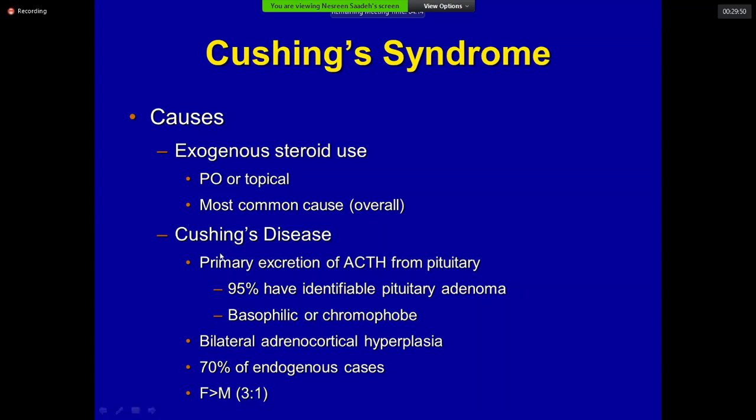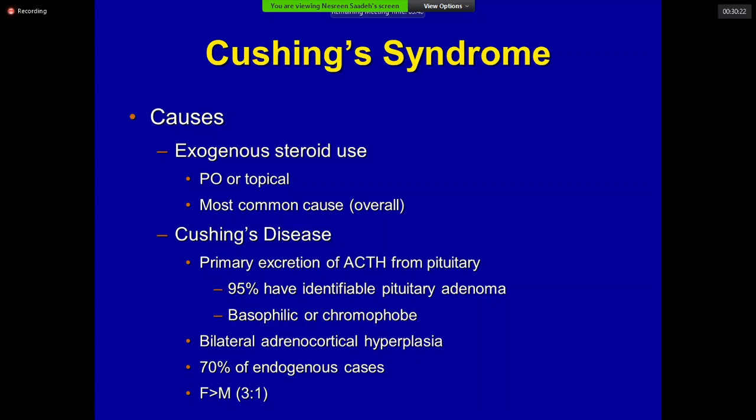Or it could be because of Cushing disease, which is the primary excretion of ACTH from the pituitary. And in most of the cases, we can see an identifiable pituitary adenoma by imaging. Less likely it is because of bilateral adrenocortical hyperplasia, so that's why we need to differentiate by ACTH and do the localization that we said earlier.